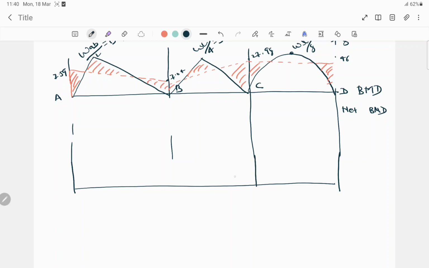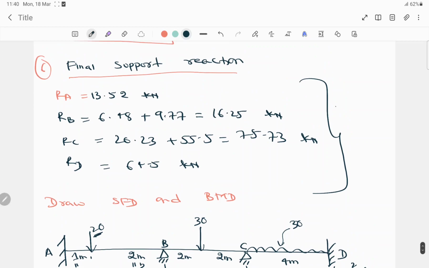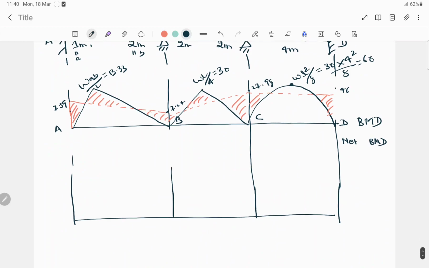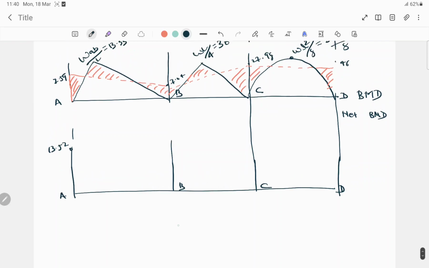Now we have to draw the shear force diagram. So for the shear force diagram, we have these values. From here we can draw the shear force diagram. So here the first is from A, B, C and D. Here 13.52 and here it's 6.48.